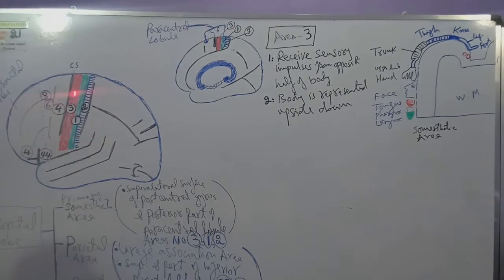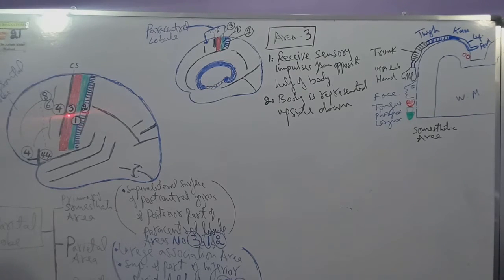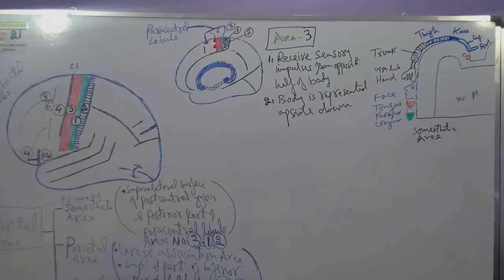Now here the human body is again represented upside down. So here will be the pharynx, then larynx, then tongue, then the face, which covers the eyelids, lips, nose, etc. Then there is the hand, thumb, the fingers, forearm, upper arm, trunk, thigh, and it will reach the knee. Then it will continue onto the upper part of the medial surface of the hemisphere, behind the central sulcus.